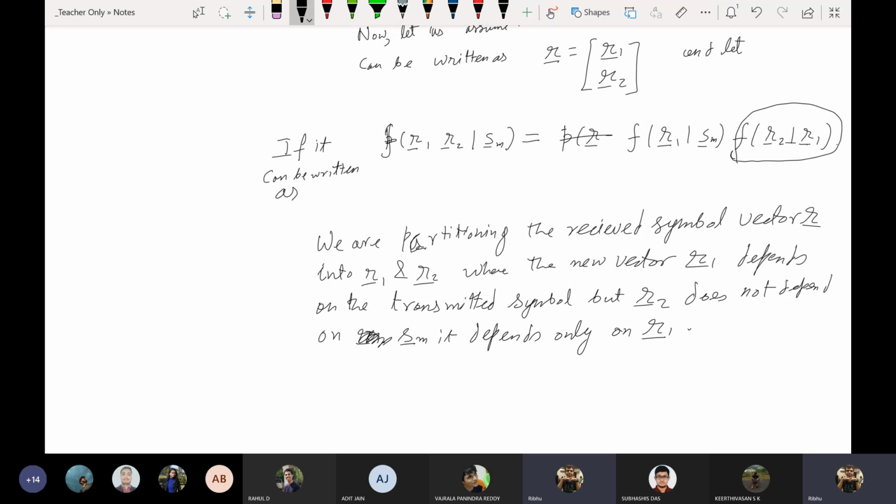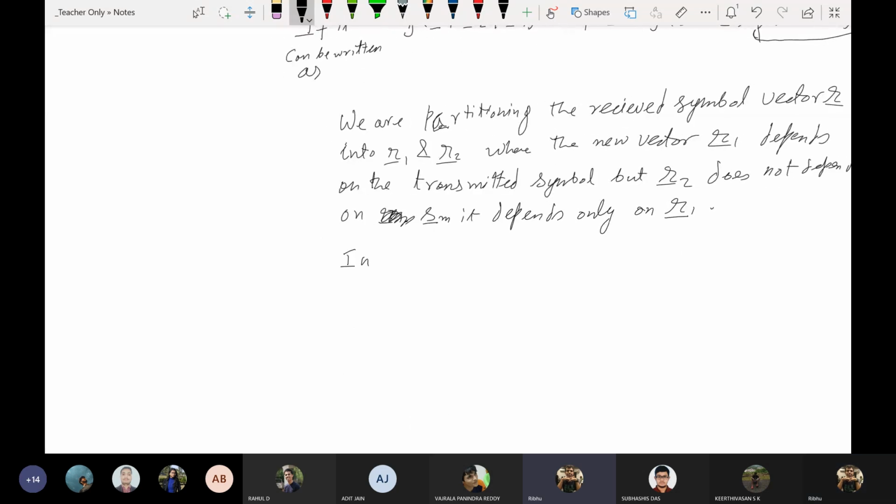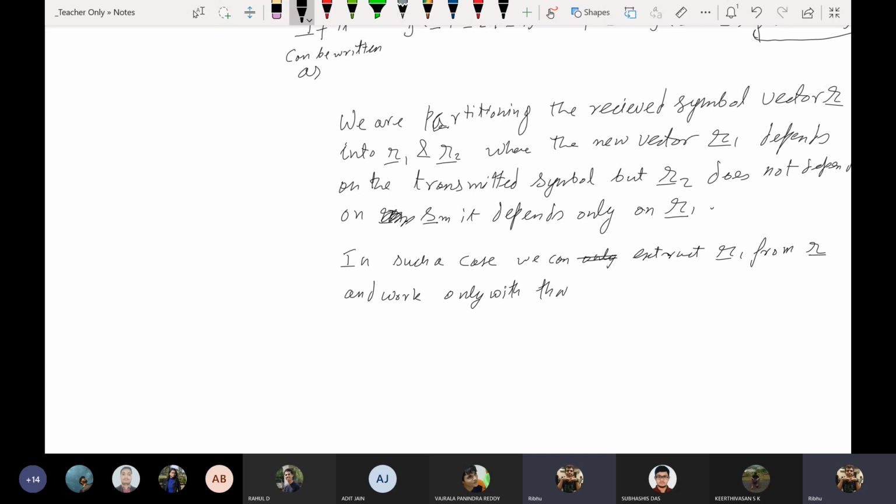So in such a case, we can extract R1 from R and work only with that, and R1 is called the sufficient statistic for SM.